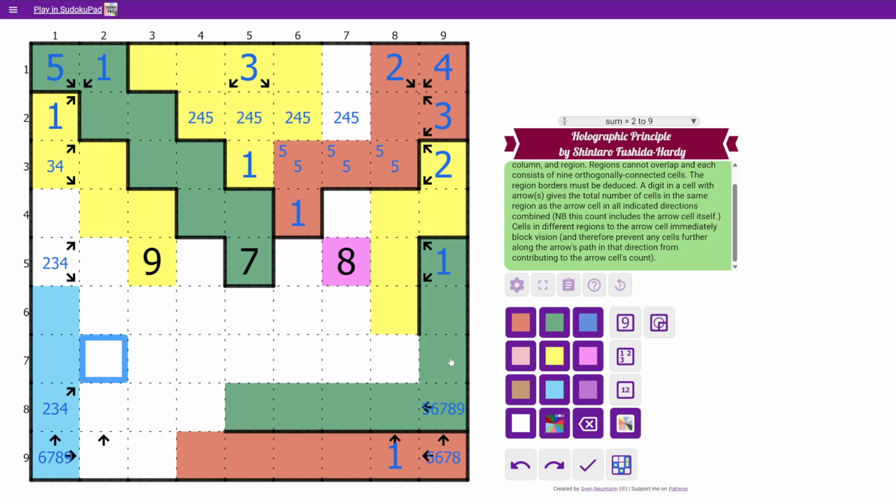And therefore, this must be a minimum of that. Okay. And no other cell can reach there, so it must be pink.